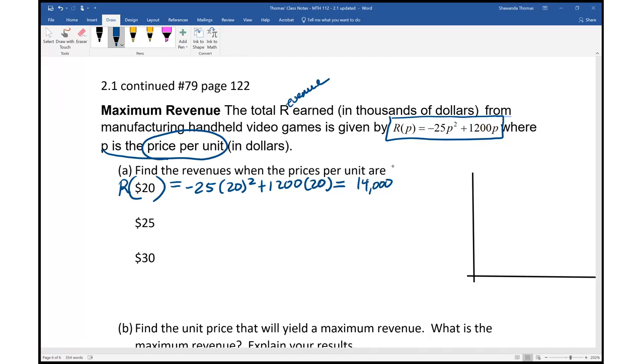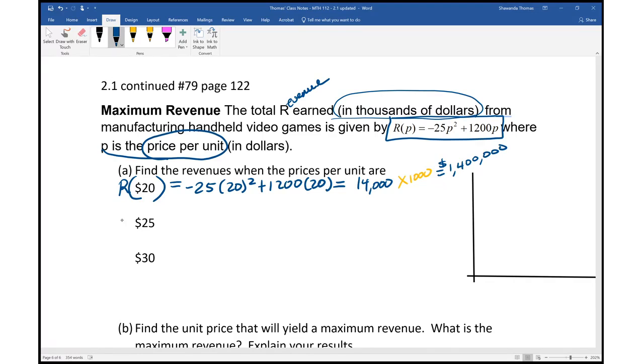But notice that it says that total R earned is in thousands of dollars. So that means we're going to multiply this times 1,000 to get the real answer. So $1,400,000 if we sold this video game at $20.